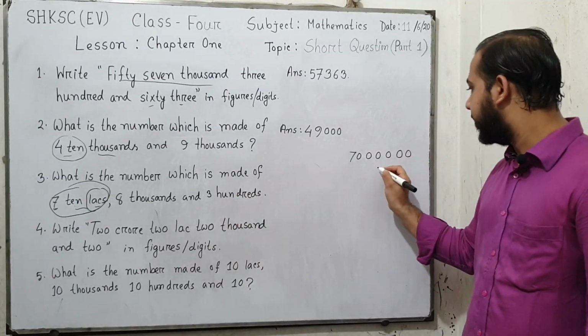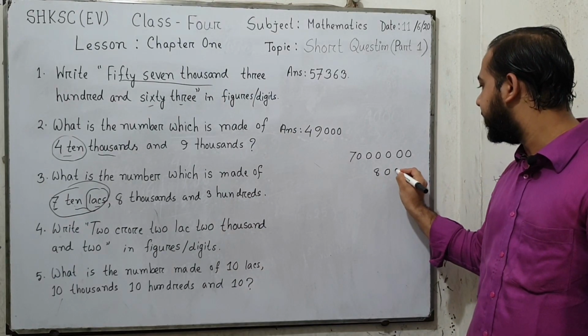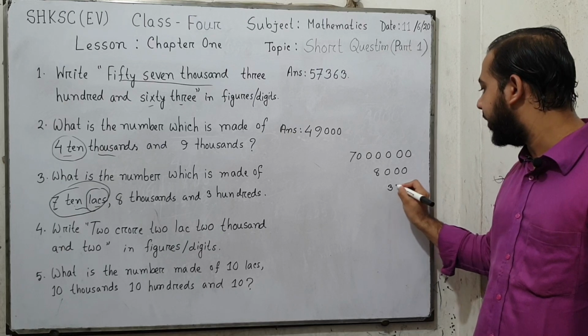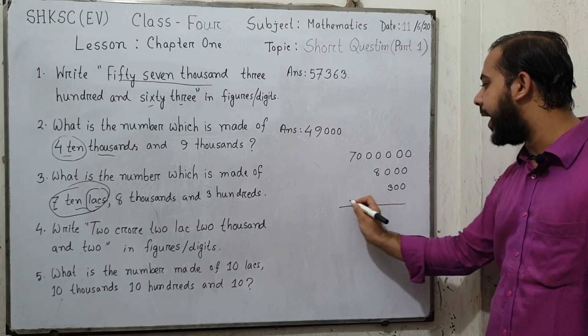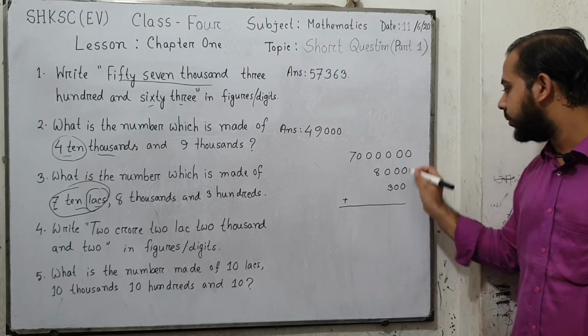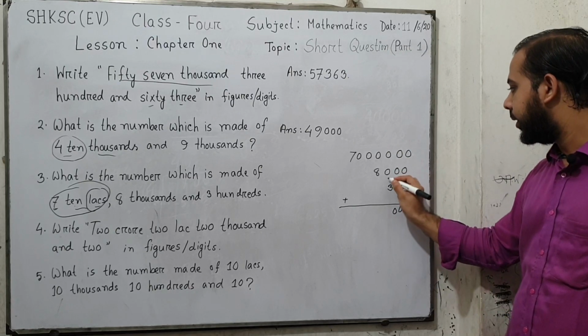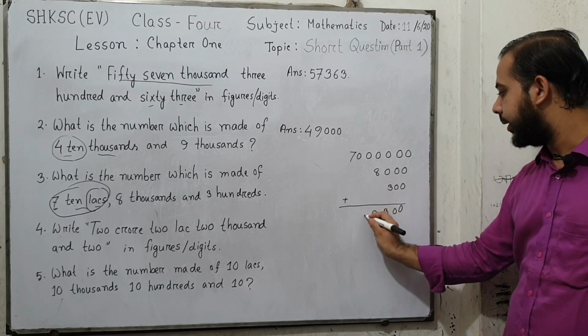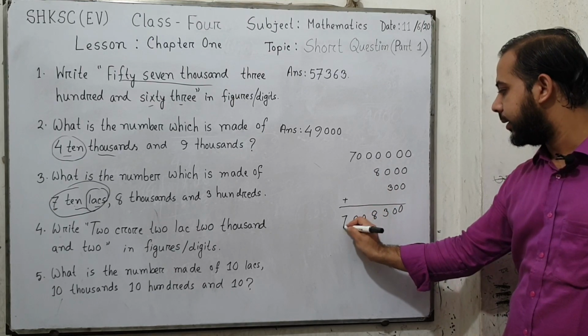Then 8,000s here in the bottom side, and then another 300 here. Finally we have to add these three. At first 0 0 0 0 3, 0 and 8 will be 8, next zeros and 7.